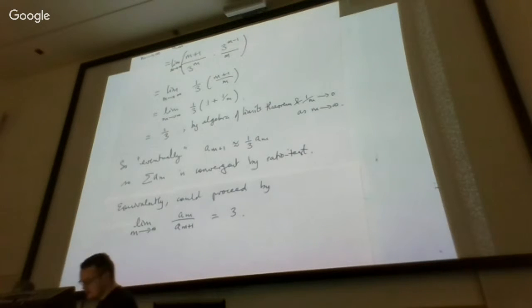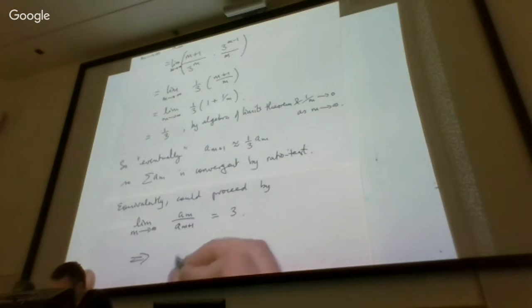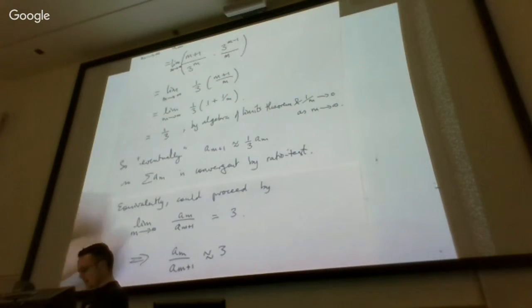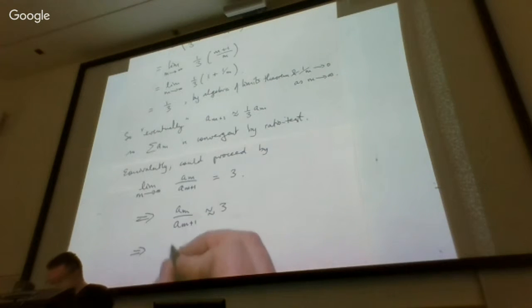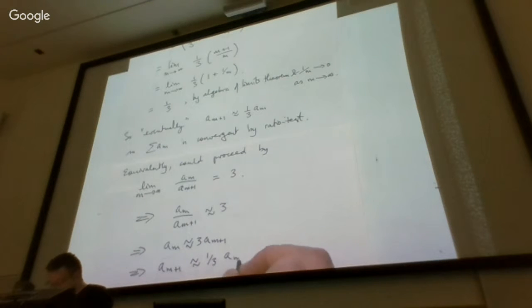But of course, if you link it back to the behavior of the geometric series, then you won't make that mistake. Because you'll say, okay, this ratio is approximately 3, so that means that a_n is approximately 3 times a_(n+1), which means that each new term in the series is approximately a third times the previous term.